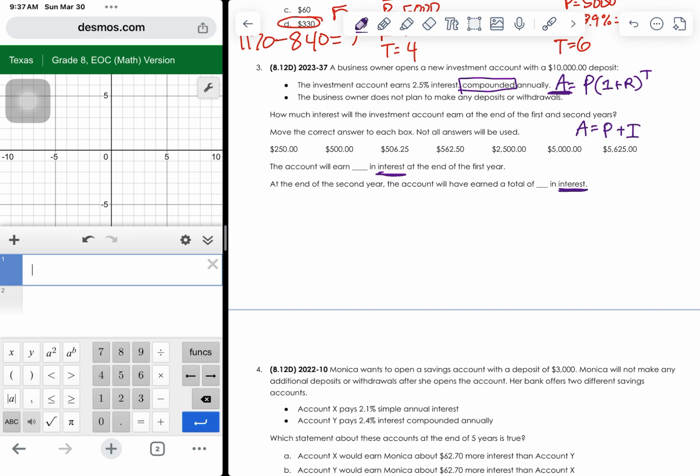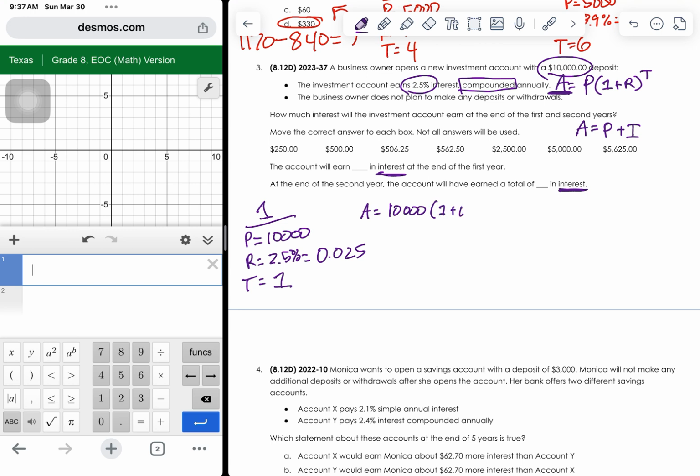All right, so let's go after the first year. My principal is $10,000 for them both. The rate is 2.5% for them both, which is 0.025. And the time is 1 year for this one. So I've got account balance is 10,000 times (1 plus 0.025) to the power of 1.